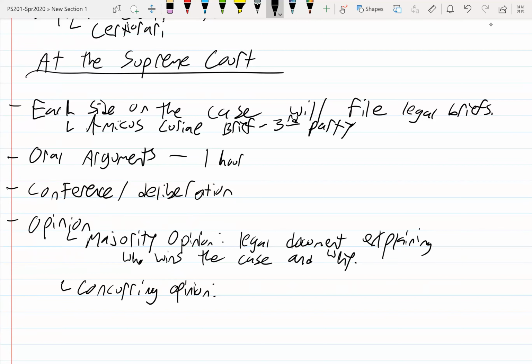This would be a document sometimes issued by one justice or a number of justices, which are outlining additional or different legal considerations for why the winning side should have won.